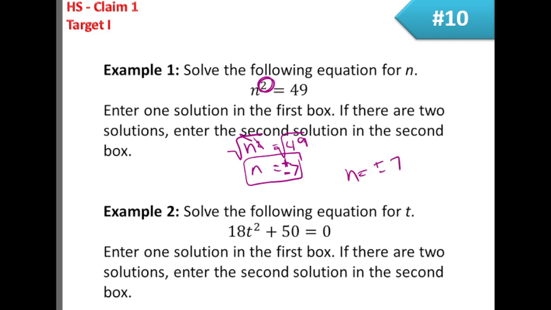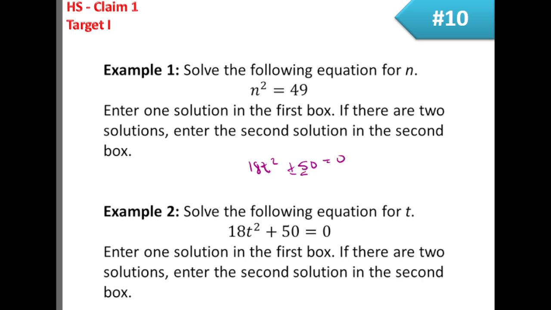Okay, now let's do this other one here. Let's do the bottom one. So for this one right here, we have 18t squared plus 50 equals 0. So let's move 50 to the other side.